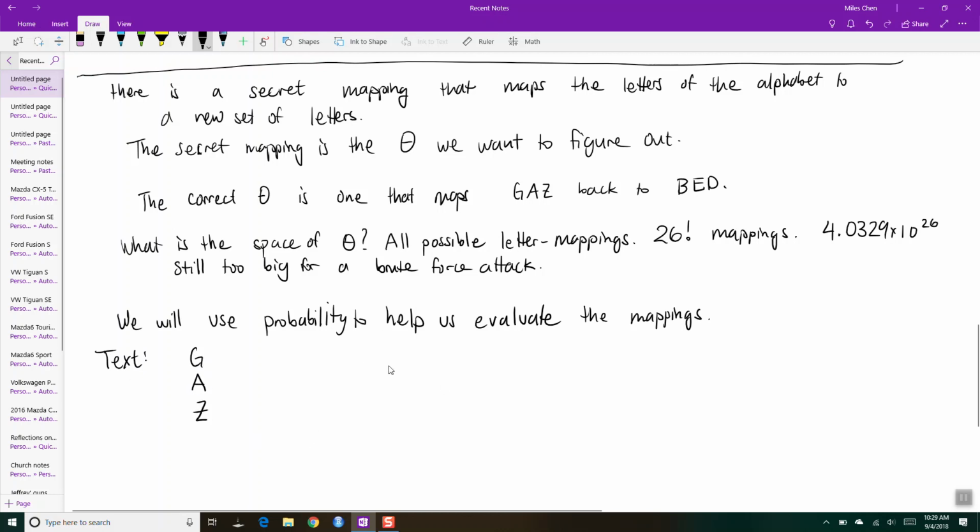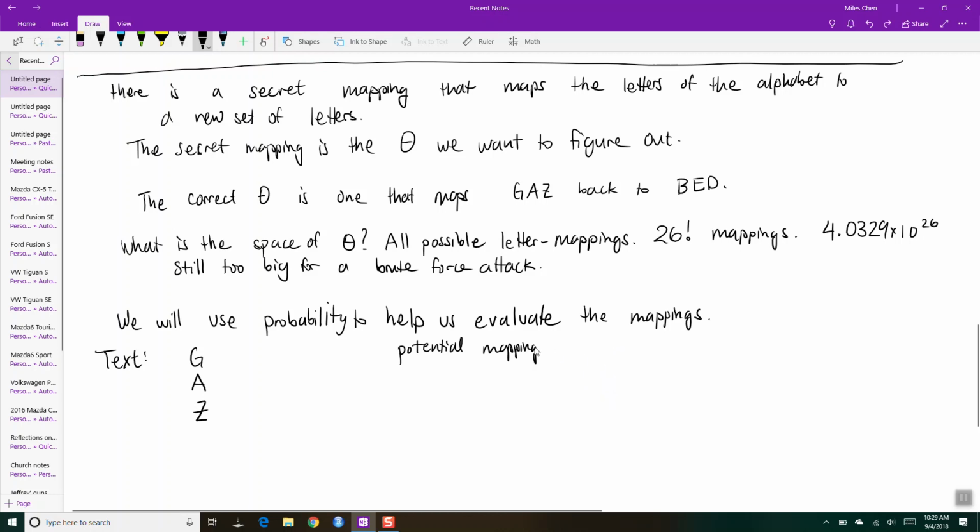Okay, so under one mapping, so here's a potential mapping. Maybe G corresponds to K and A I guess it would be the other way.